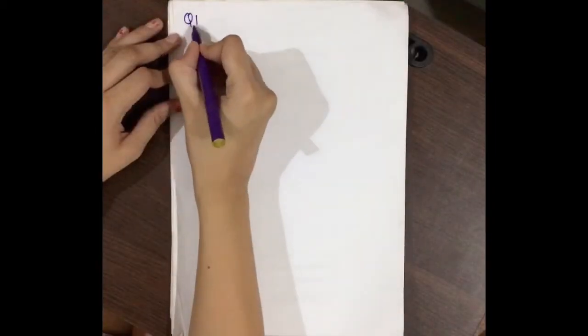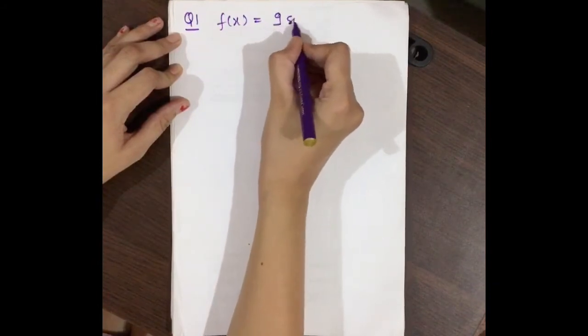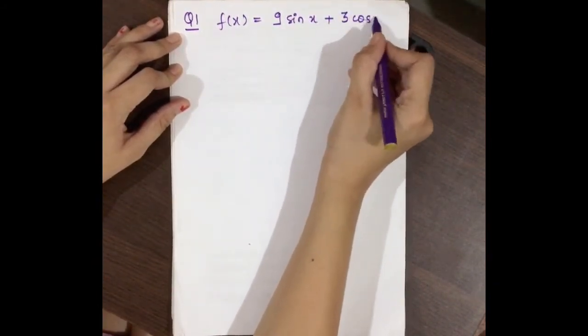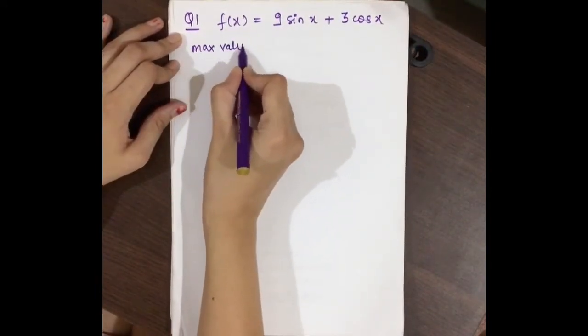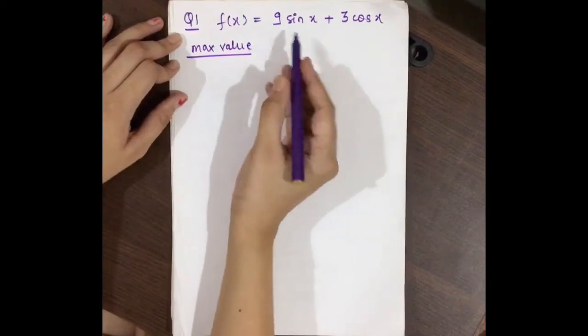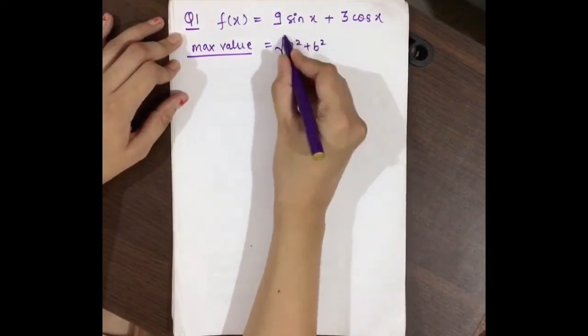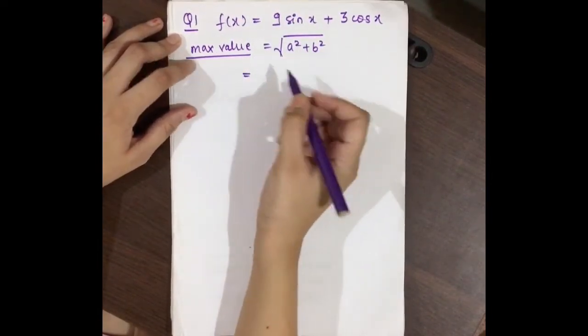Now let's see another question. f(x) is equal to 9 sin x plus 3 cos x. So what will be its maximum value? It will be equal to under root a square plus b square. Now what is a? a is 9 and b is 3.